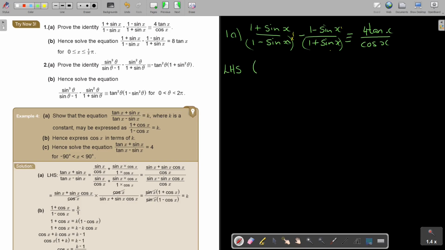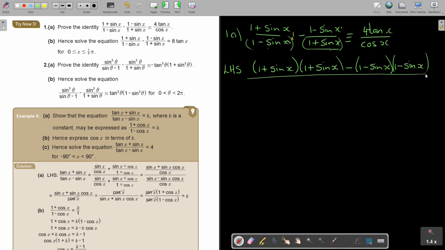So if I put this in brackets, it's 1 plus sin x, and I multiply with this one, so 1 plus sin x minus, in brackets, 1 minus sin x, and I multiply this with this denominator, 1 minus sin x. And it's going to be over 1 minus sin x, 1 plus sin x, and if I multiply it out, it's that difference between two squares. It's 1 minus sin squared x.